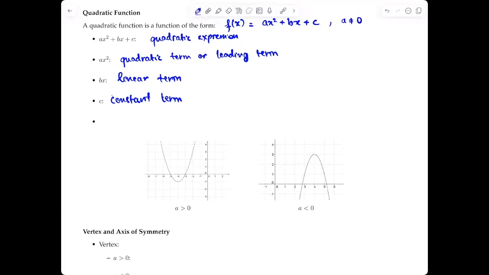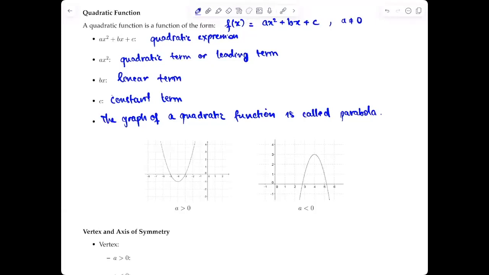And the graph of a quadratic function is called a parabola.